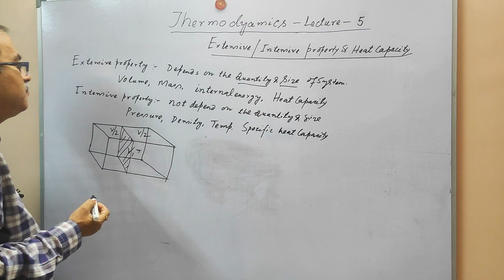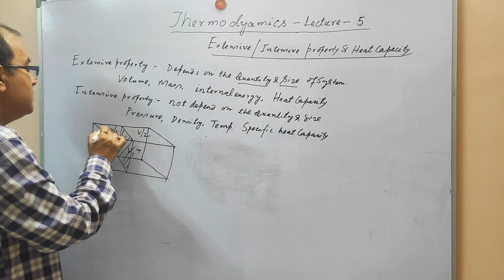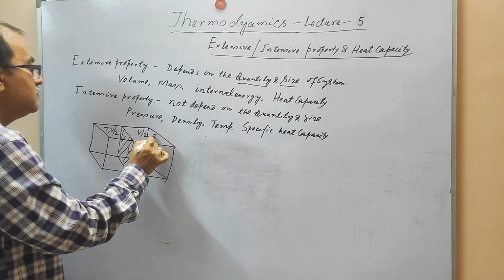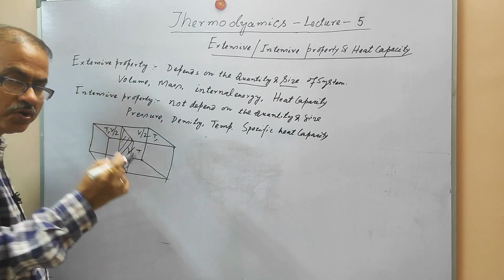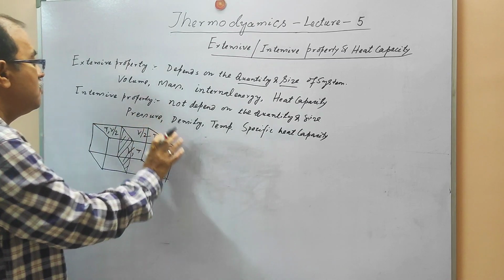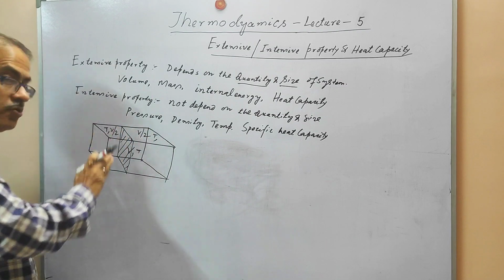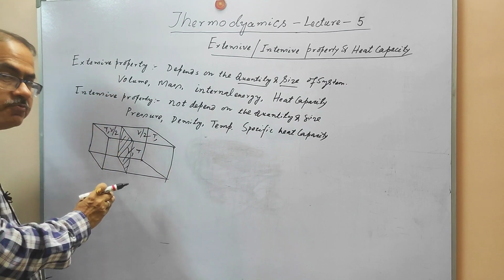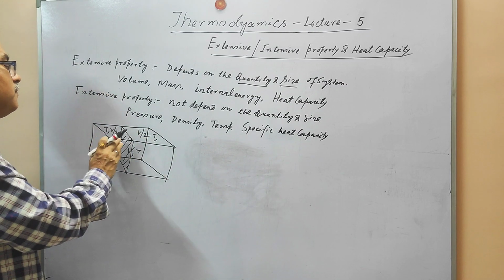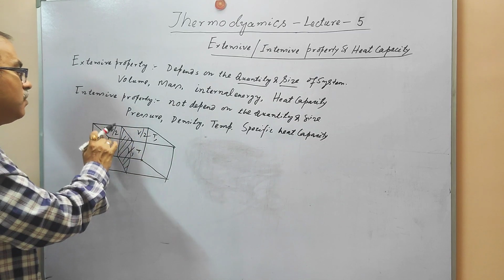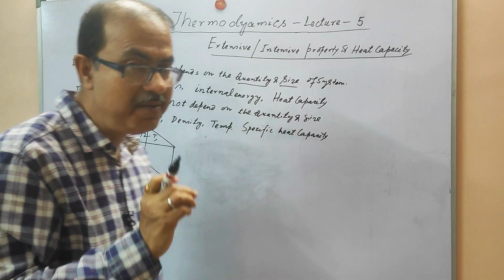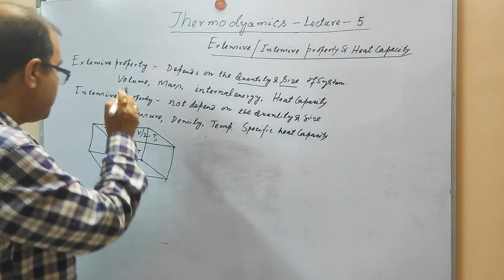But at that time what we observe, the temperature will remain the same. So you can see the temperature is the same. Temperature does not depend on the size of this vessel, but volume depends. When we divide this volume into two parts, what we find is that it will become V by 2 and V by 2. That is why volume is the extensive property.